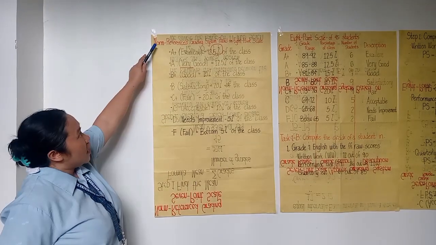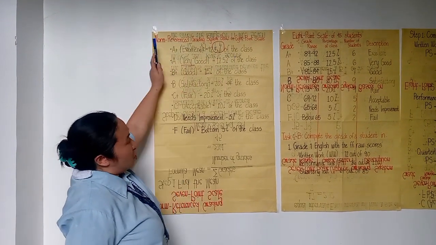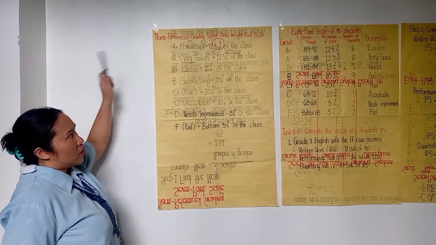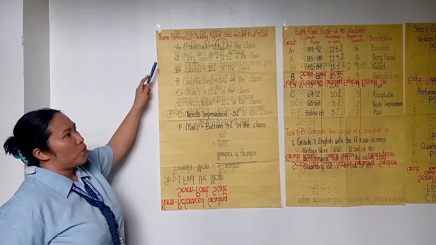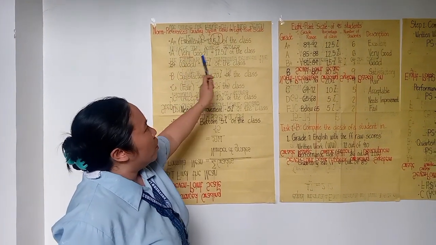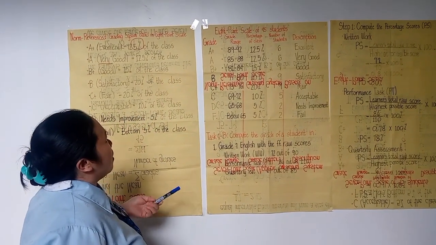So in getting this norm reference grading system based on the 8-point scale, we have the intervals of 2.125 or simply 2. So here's the 8-point scale of 45 students.